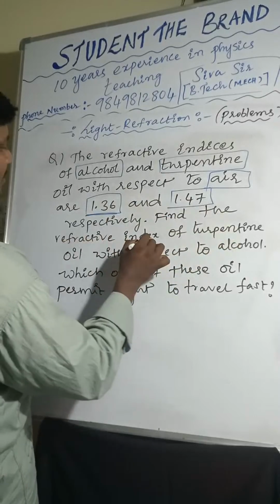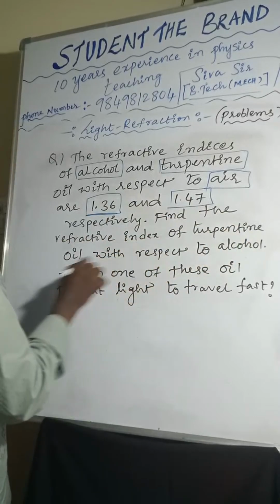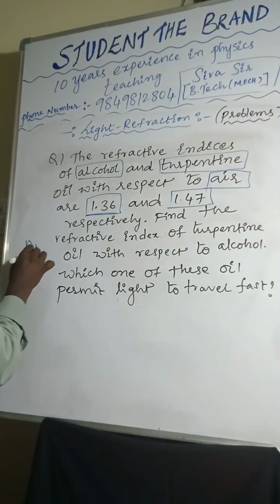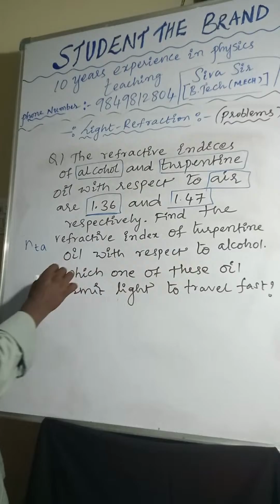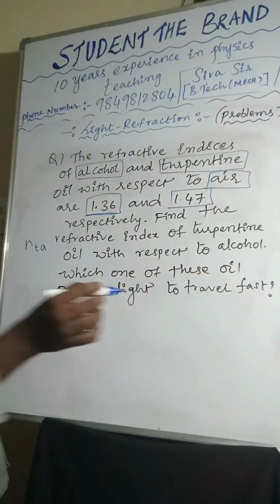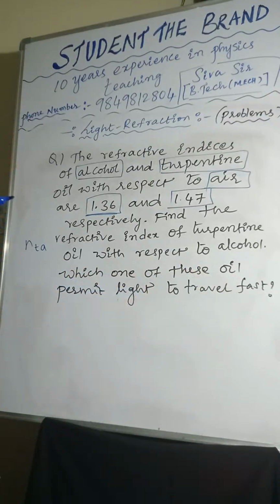Find the refractive index of turpentine with respect to oil. So this is the question. Which one of these oils permits light faster?